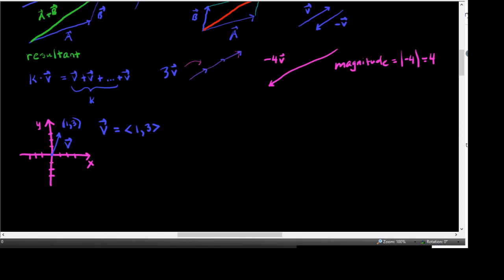And what we're going to call the A part of that, so generically for vector u, this is going to be A, B in those pointy brackets. A is called the horizontal component of the vector. And B is called the vertical component of the vector.